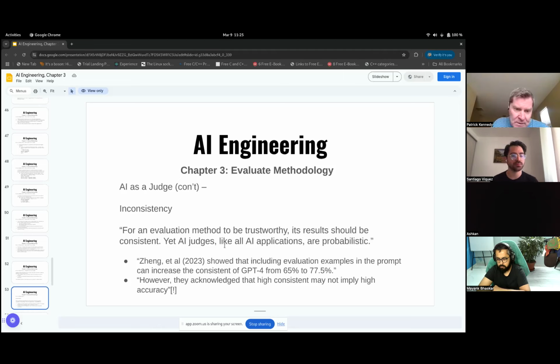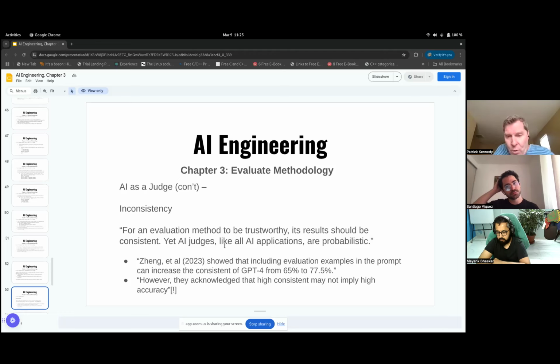For example, Xing et al. showed that including evaluation examples in the prompt can increase the consistency of GPT-4 from 65% to 77.5%.